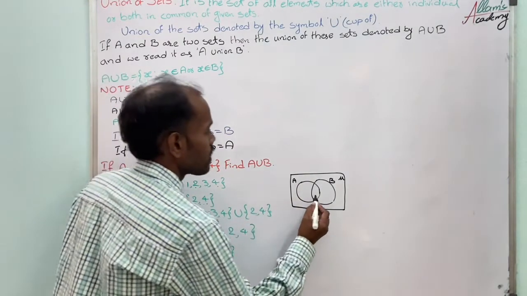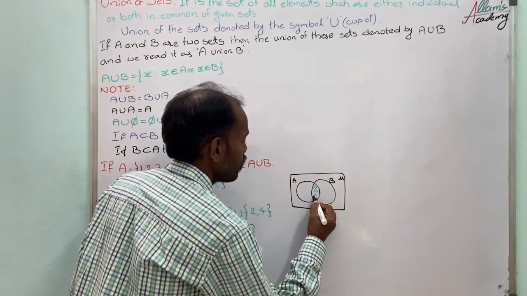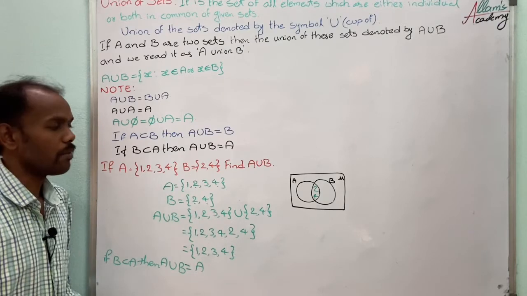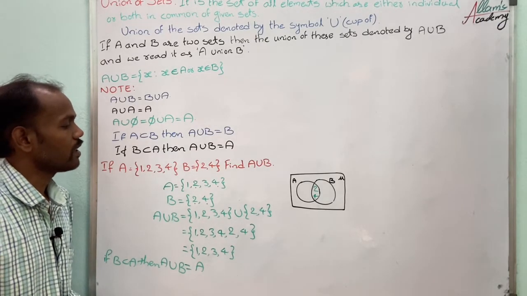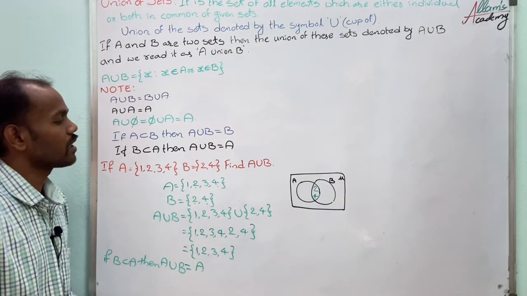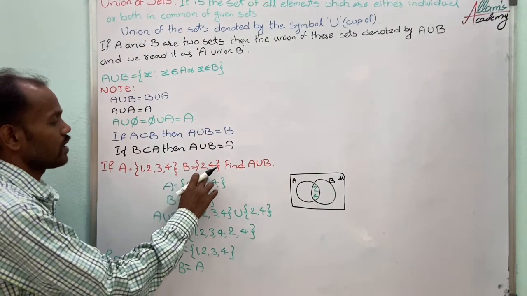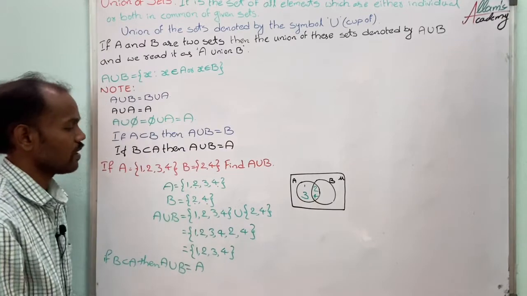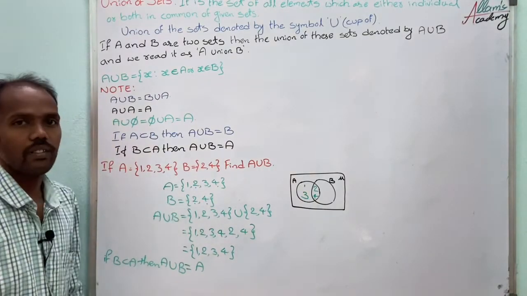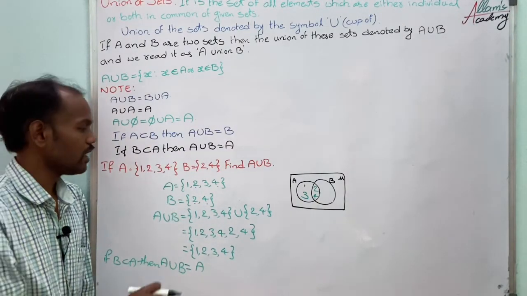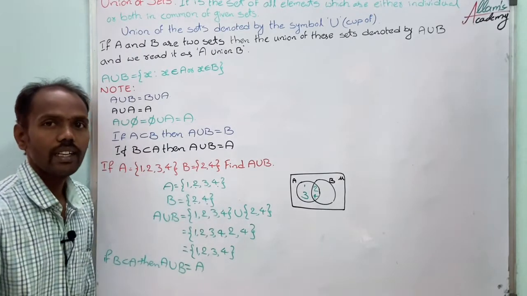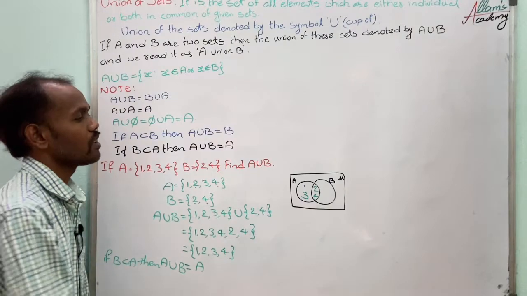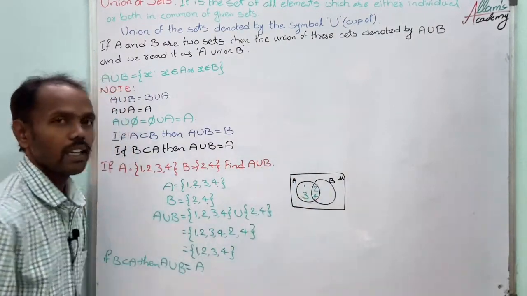So those elements are written here: 2, 4. Now the remaining elements of the first set are 1, 3. So the elements 1 and 3 are written in the space of the A set. Now the second set has no extra elements except 2 and 4. So that space is empty.